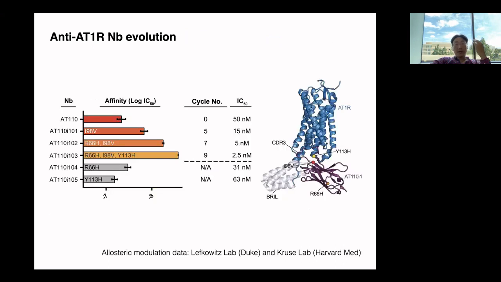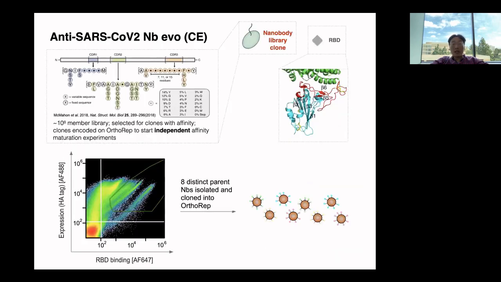And if you then look at what comes out at the end of the maturation process, these mutations are actually contributing much better binding and also conformational selectivity in terms of the GPCR conformation they bind. But I'll show you in more detail what we did with RBD.